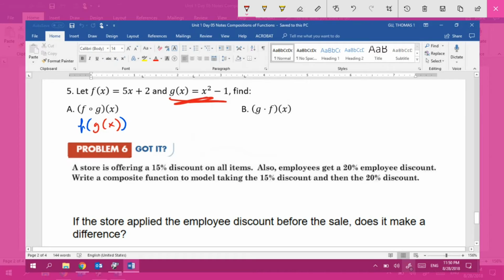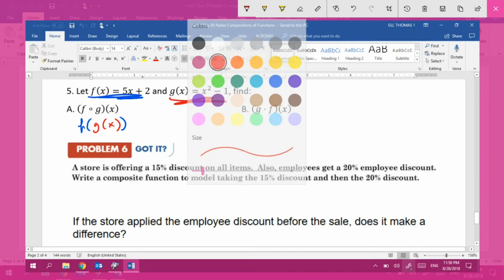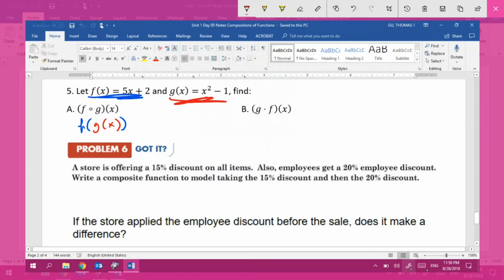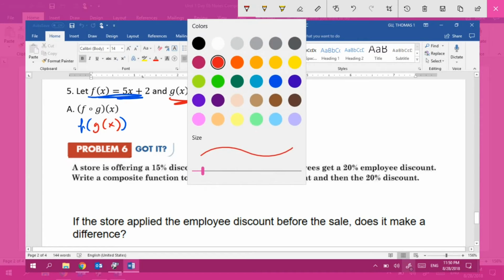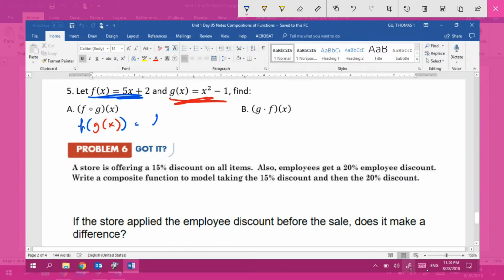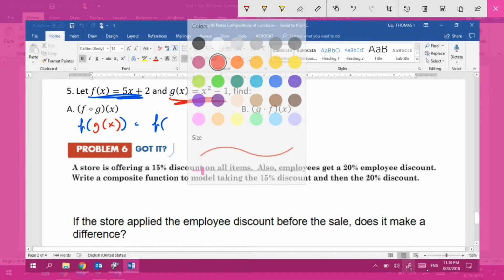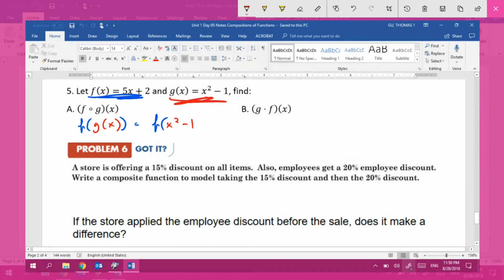And then f of x is this. So g of x, what is g of x, guys? It is x squared minus 1. So we can rewrite this as f of x squared minus 1. Okay, so now instead of writing the x right here, I would write x squared minus 1.